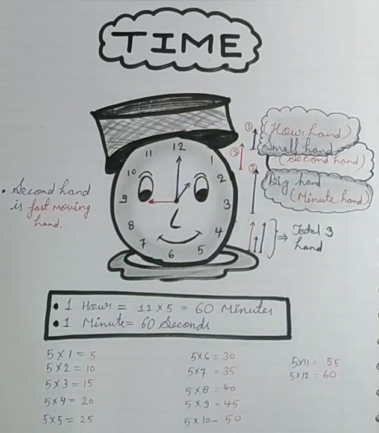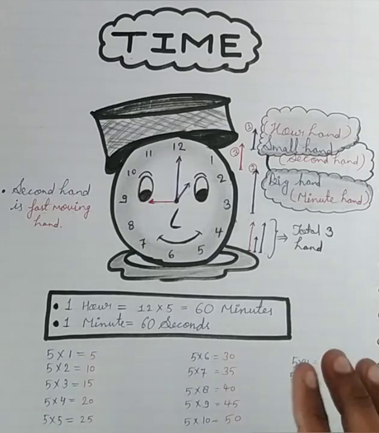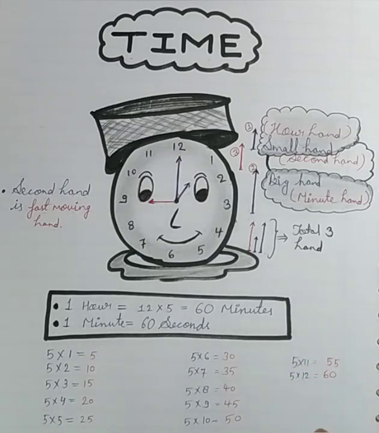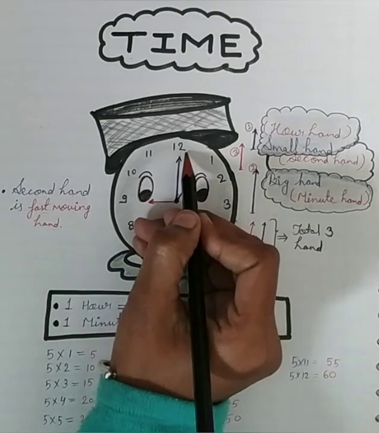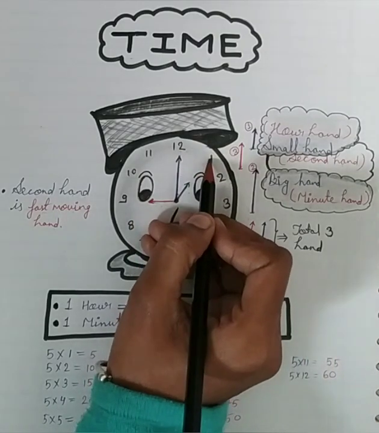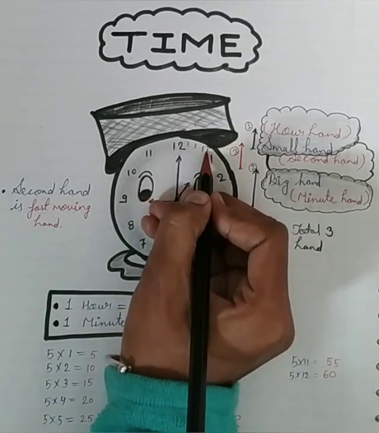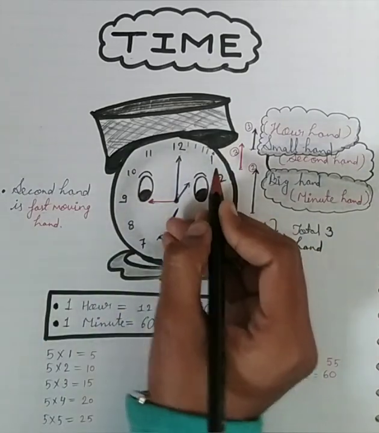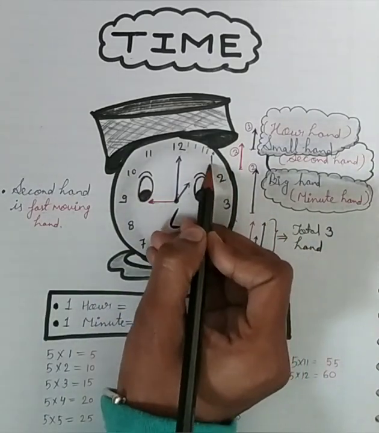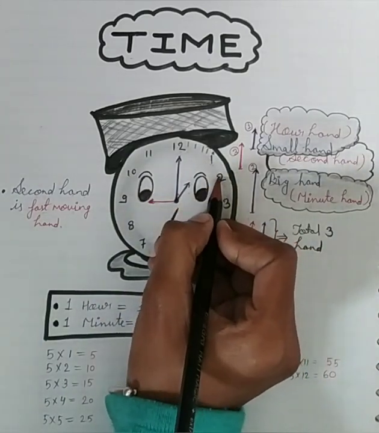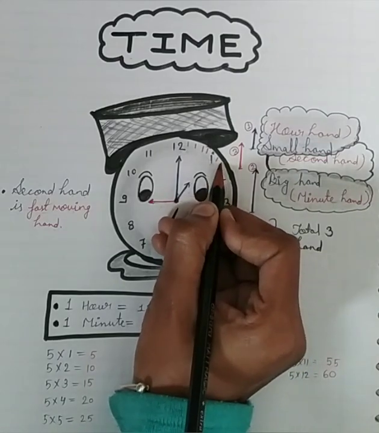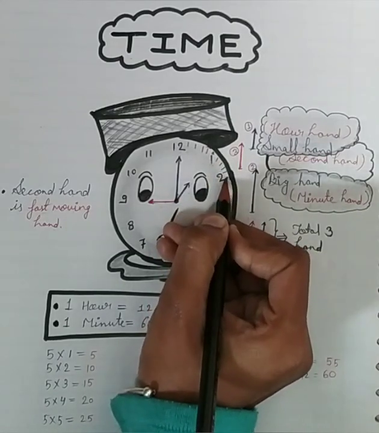And children, you have to know one more thing: each part is equally divided into 5 parts. If we talk about this part, this part is divided into 5 parts: 1, 2, 3, 4 and 5. Now come to this part. This part is also divided into 5 parts: 1, 2, 3, 4, 5.